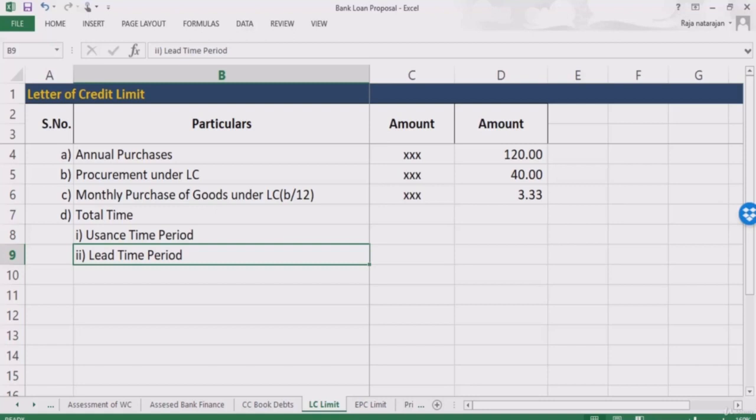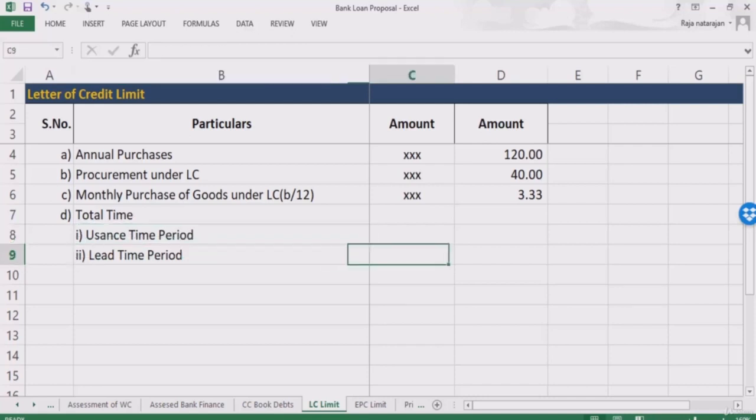Let's say the bank's customer has placed an order with the supplier, and the supplier is going to take 21 days for executing that order. So that's the lead time period. And usance time period is the credit period which he gives. Let's say, for example, lead time period, that is, if a customer makes an order today, the supplier will take 15 days to manufacture those goods, and the supplier is also giving 45 days credit.